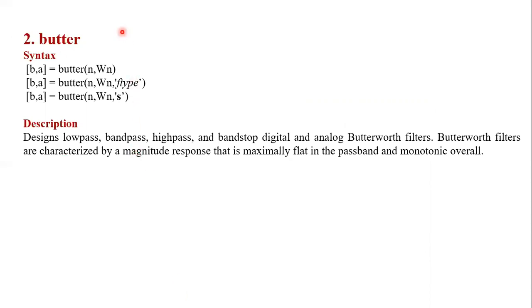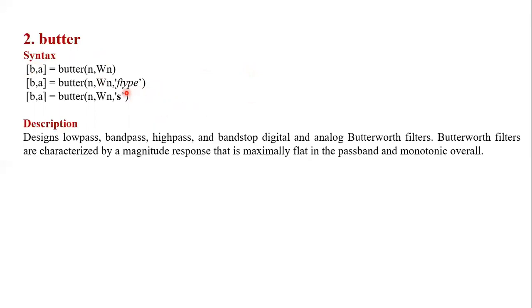This is used to obtain the transfer function coefficients of the filter, for which the order and cutoff frequency are taken as input, and it returns the coefficients of the filter. By using this function, we can change according to the type of the filter, that is high pass, band pass, and band stop filters.